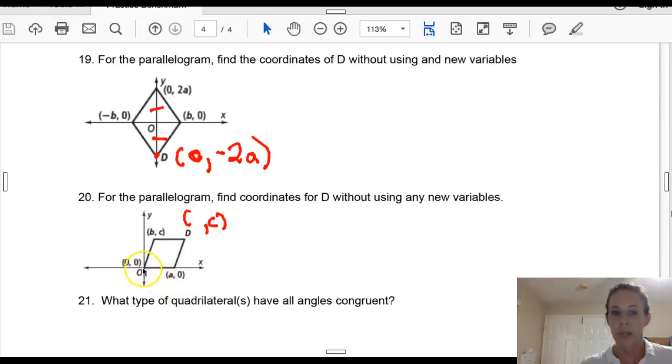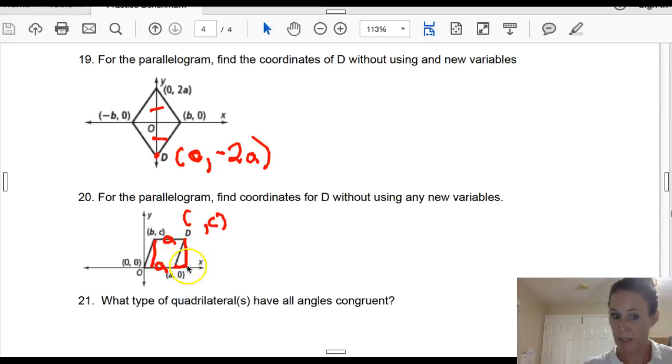How far do I go over? Well, let's think about this. This length here is a, because I go from (0, 0) over a. This length here also has to be a because this is a parallelogram. Opposite sides are congruent. If this length here is a, and from here to here I go over b, I'm just going to add over on this side. That's how much more I went from here to here. So if I straighten this out, I would go all the way over to here.